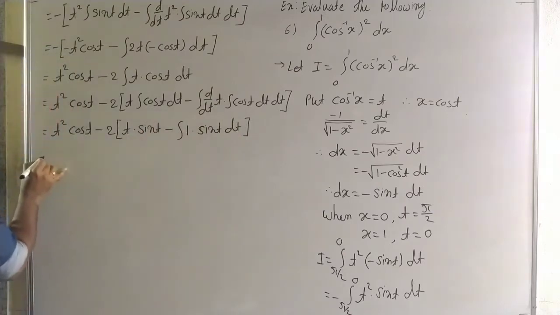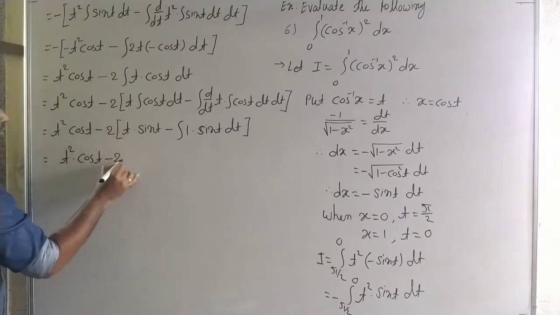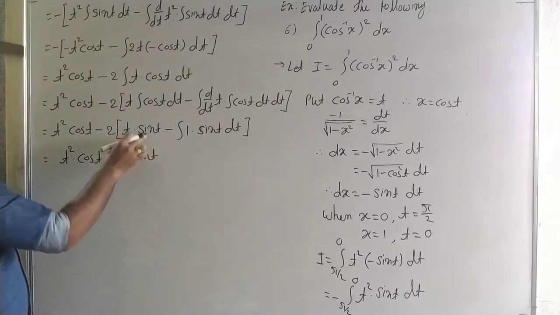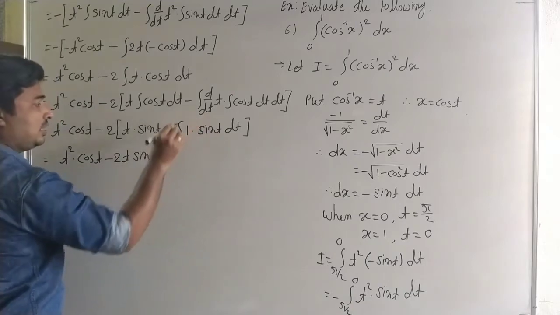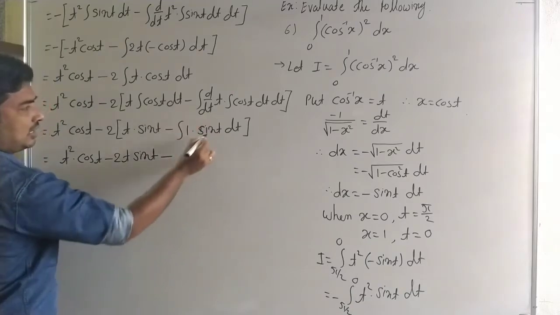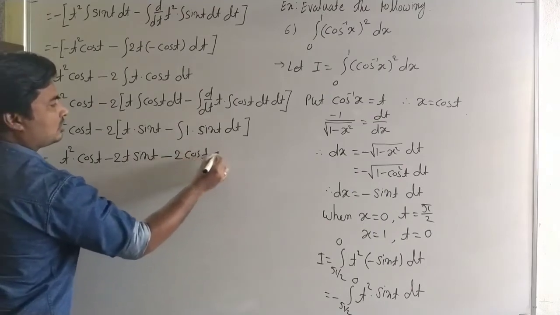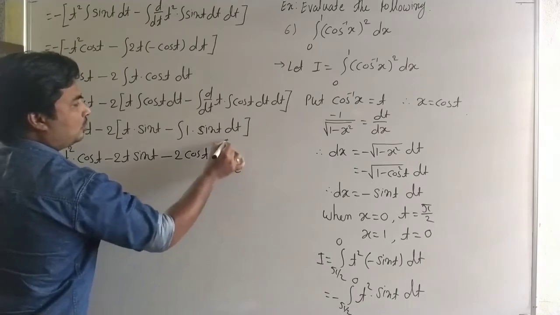Okay, now see carefully: it is t square into cos t minus 2t sin t, and this minus minus becomes plus. The integral of sin t is minus cos t, therefore minus cos t, and with this 2 it becomes 2 cos t, with limits pi by 2 to 0.